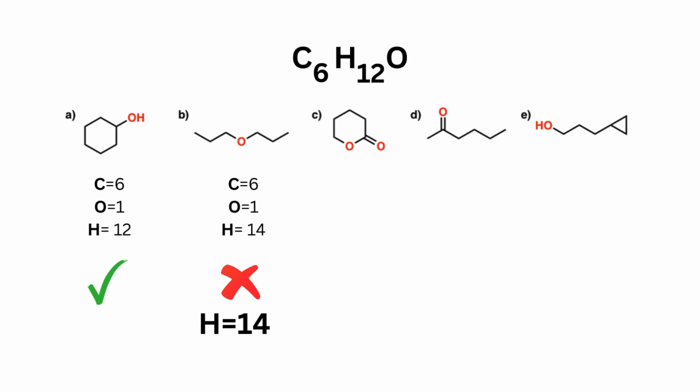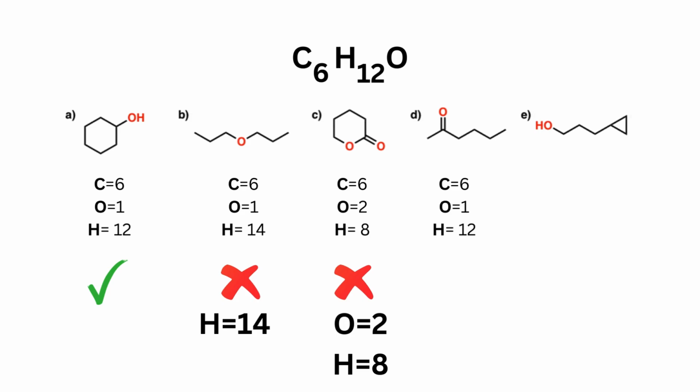Option C contains 6 carbons, 2 oxygens and 8 hydrogens, so this cannot be the answer, as it does not have the same number of oxygens and hydrogens mentioned in the molecular formula, so this option is out. Option D contains 6 carbons, 1 oxygen and 12 hydrogens, so this can be the answer.